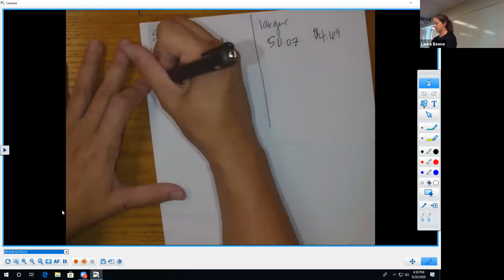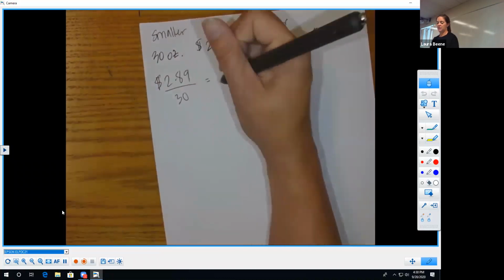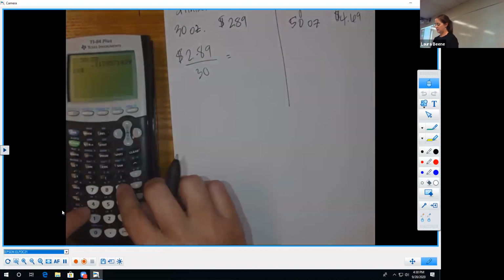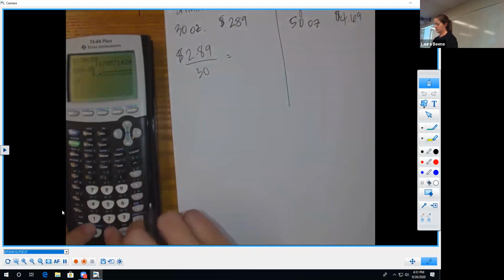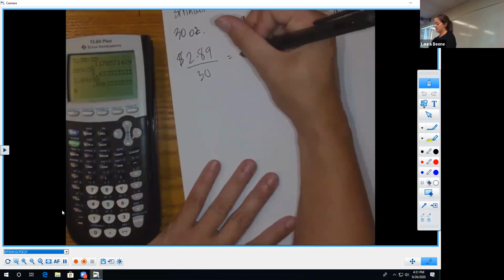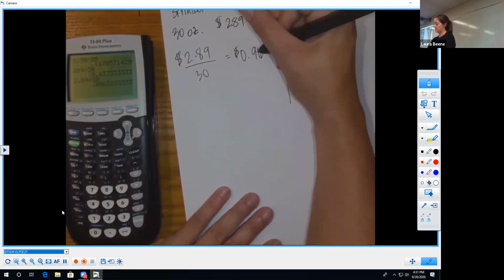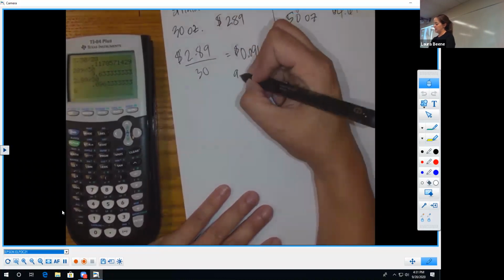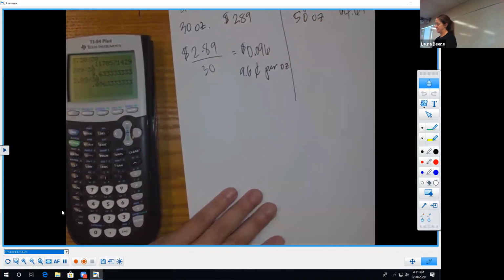So the price per ounce here would be $2.89 divided by 30. When I type that in my calculator, 2.89 divided by 30, I get 0.096. So it's 9.6 cents per ounce.